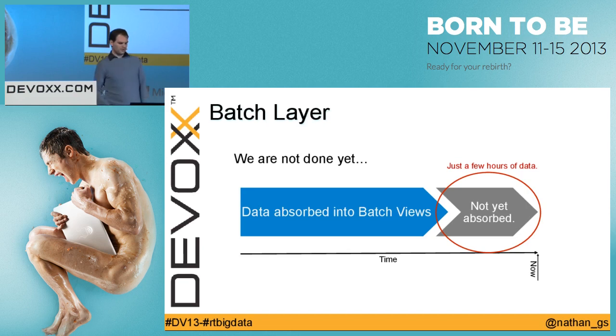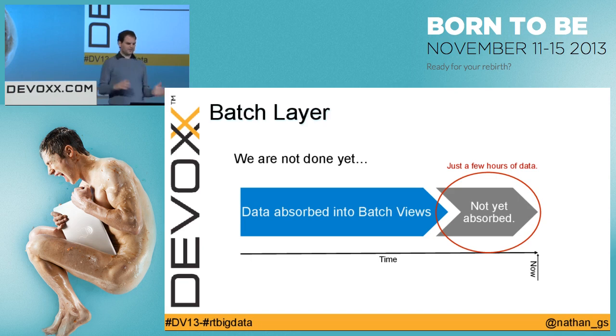But we're not really done yet. When all this data is written into the batch layer, it will always miss a gap of data, because the batch layer will take some time to do processing.